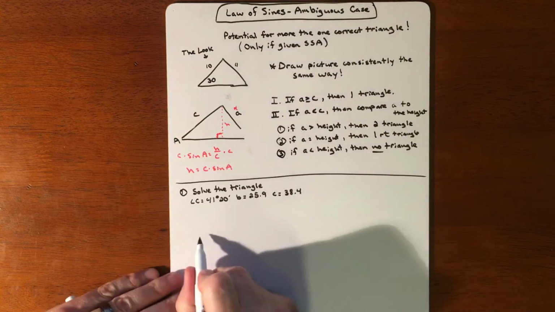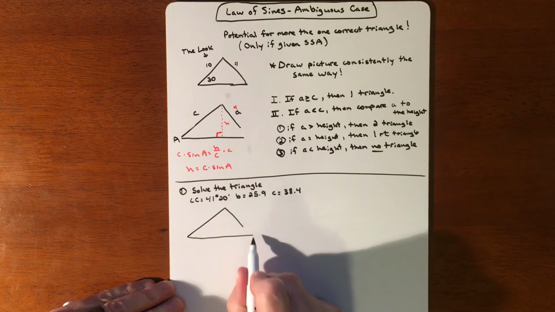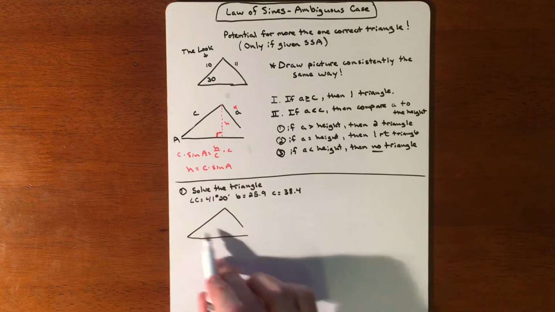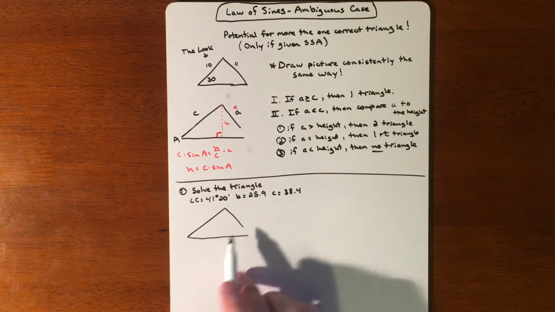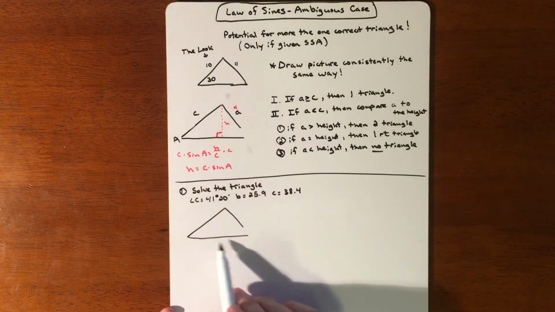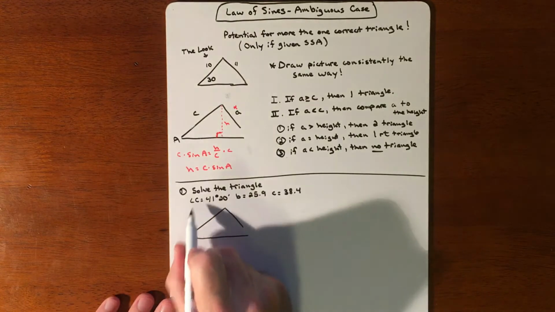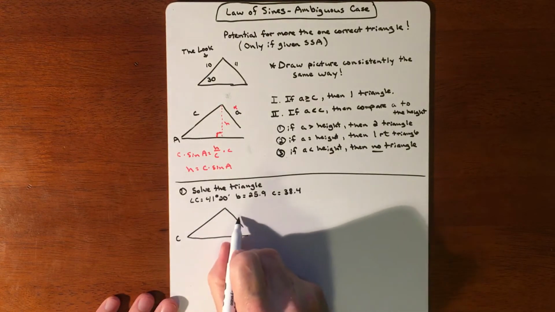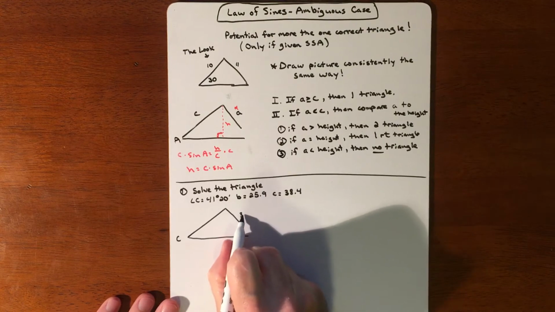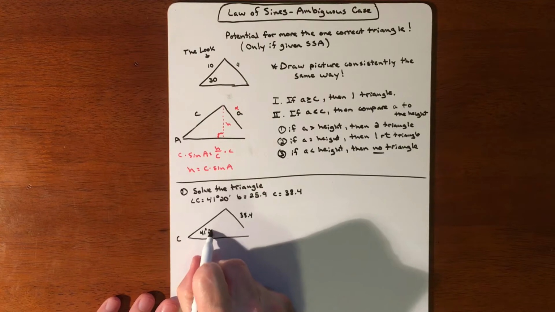So I'm just going to draw a picture, see where it starts, see where it goes. I draw my picture purposely like this 100% of the time. I don't connect this side because this is my side that is going to potentially swing. I just don't know if I have that or not. So this ends up being my angle, 41 degrees, 20 minutes, and this ends up being my side across from it, 38.4.